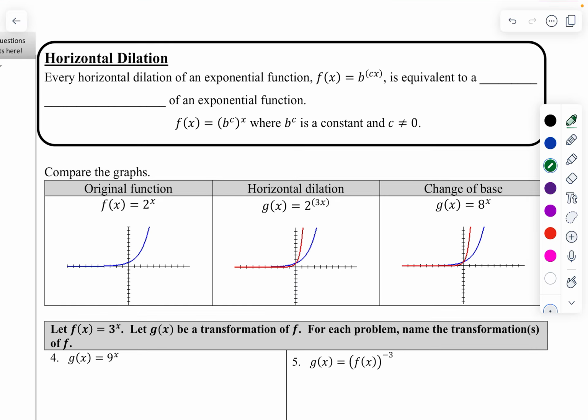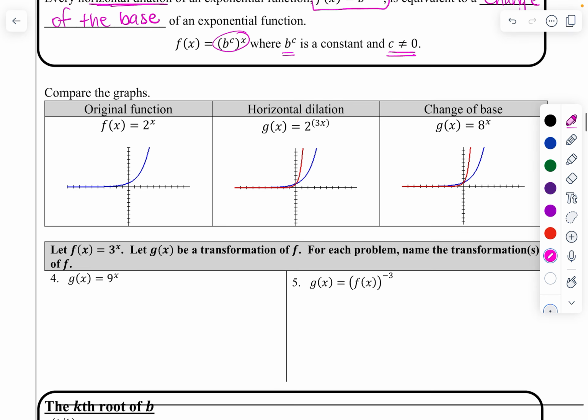So we know every horizontal dilation of an exponential function written like this, b to the cx, is equivalent to a change of the base, which we just saw, of an exponential function, where b to the c to the x power and b to the c is a constant, and c cannot equal 0.